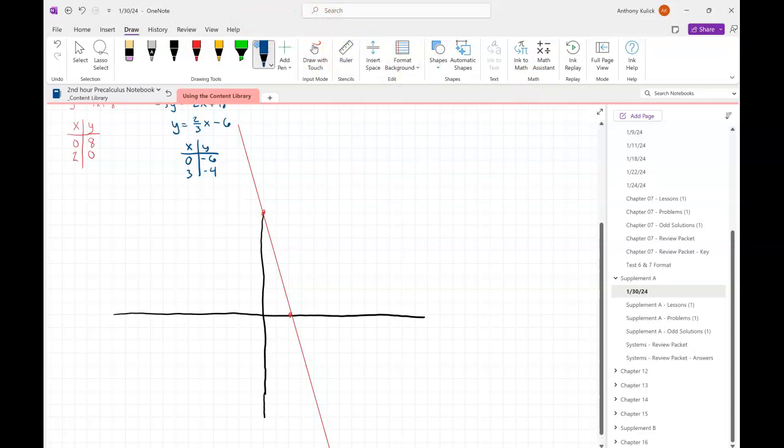All right, so 0, -6. 1, 2, 3, 4, 5, 6. And then 3, -4. 1, 2, 3, 1, 2, 3, 4.